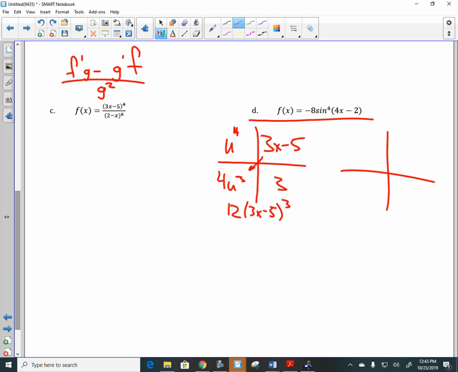Okay, we try the next one. How do you set up the next one? u to the sixth. Sam did 6u to the fifth right away. We've got 2 minus x. Derivative is negative 1. Negative 6. Sweet, good job.